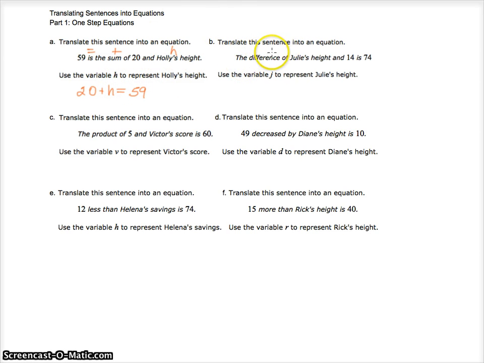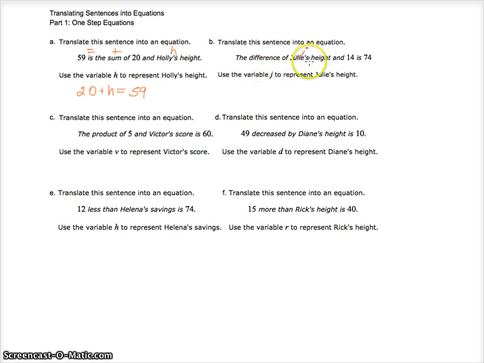Translate this sentence into an equation. The difference of Julie's height and 14 is 74. Use the variable j to represent Julie's height. So j. J for Julie's height. So the difference of Julie's height and 14 is 74.